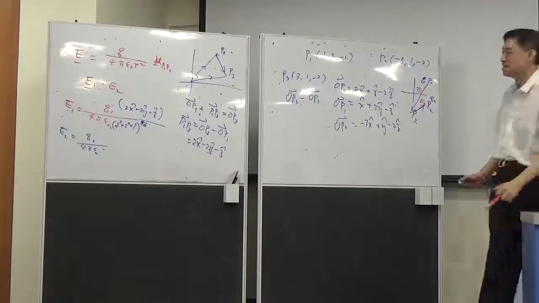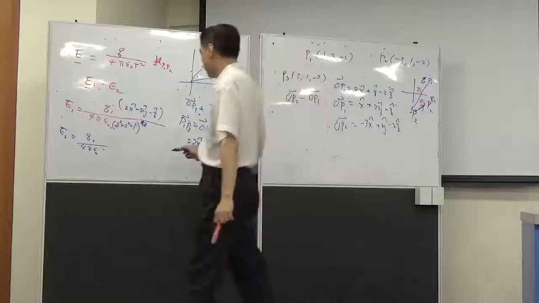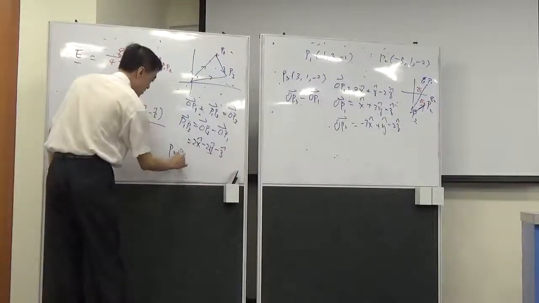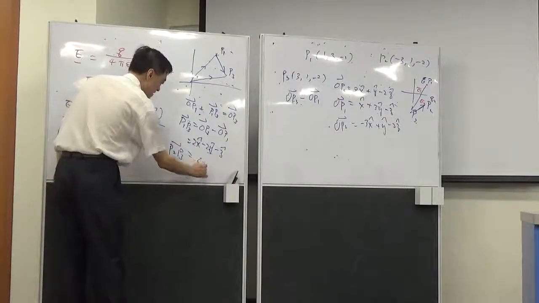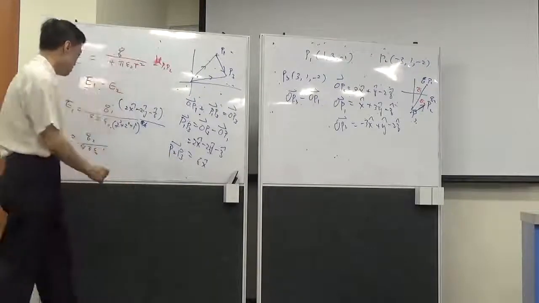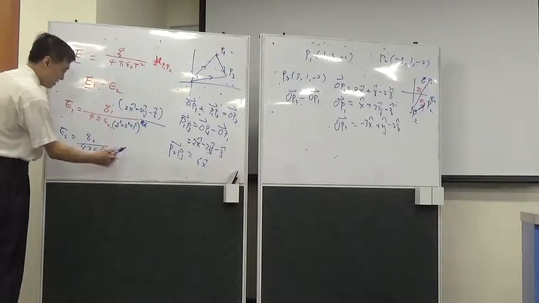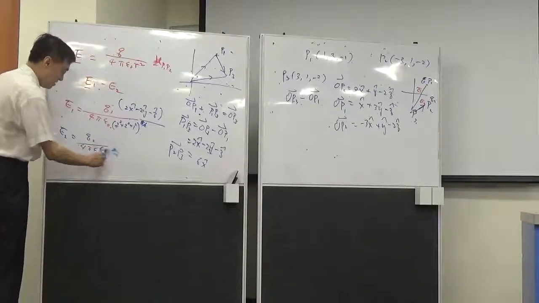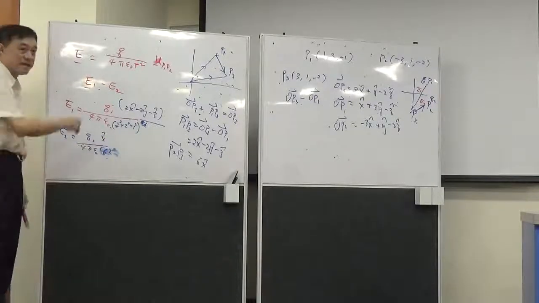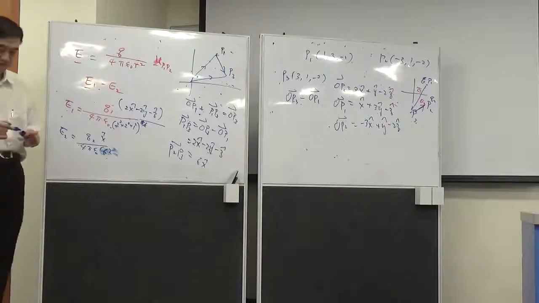So your P2P3 is equal to 6x. Alright, so now this is 6, no need, so it's just equal to 6 squared x. Okay. And then you do the thing, sum up.